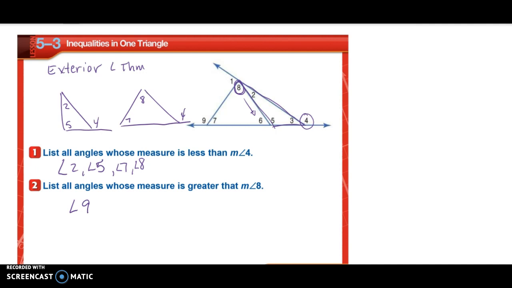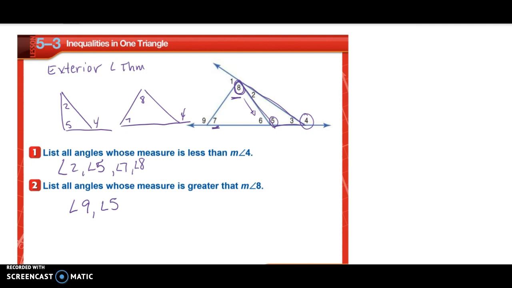And then angle 5 is also an exterior angle, so it's remote with 7. Angle 5 is the remote exterior angle that goes with that.